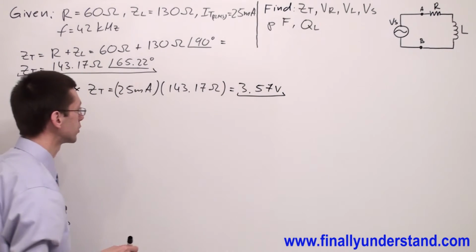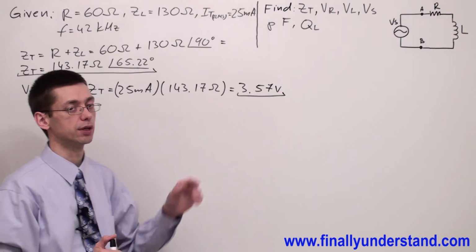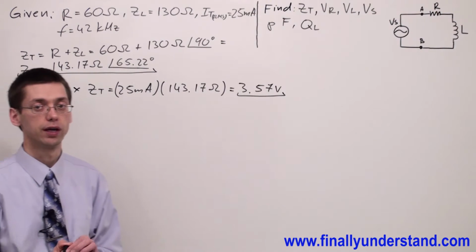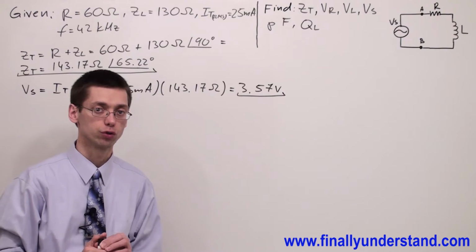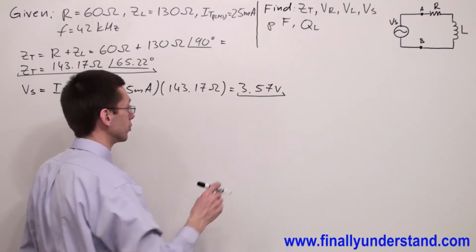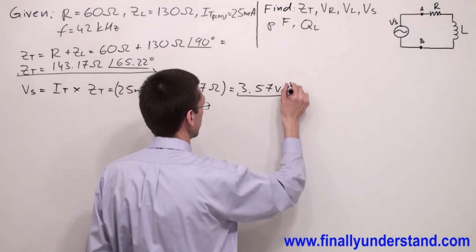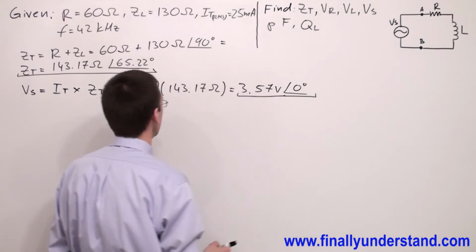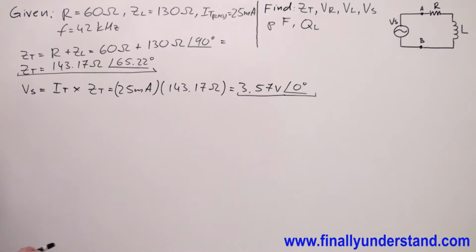Someone is going to ask me why I'm not using the angle, because I assume that my voltage source is supposed to have angle 0 degrees. That's why I'm going to add over here angle 0 degrees. Okay, so I found the voltage source.